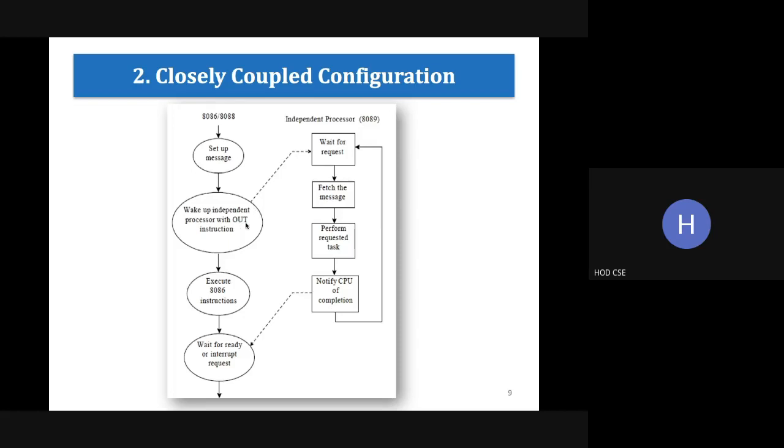Whenever the processor executes the out instruction, the transfer is controlled to the IO processor. It will fetch the message and perform the particular task, and after completing it, it will notify the CPU that it has completed the process. Suppose there is a scanf statement, that will be given to this IO processor.